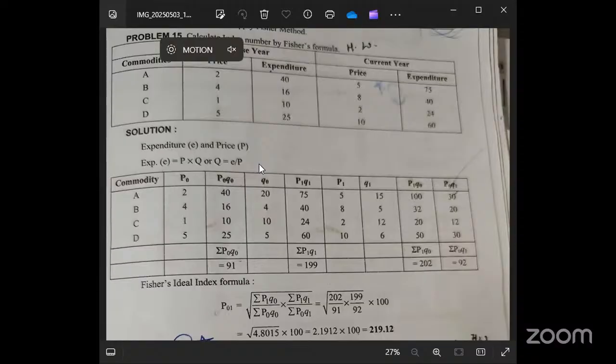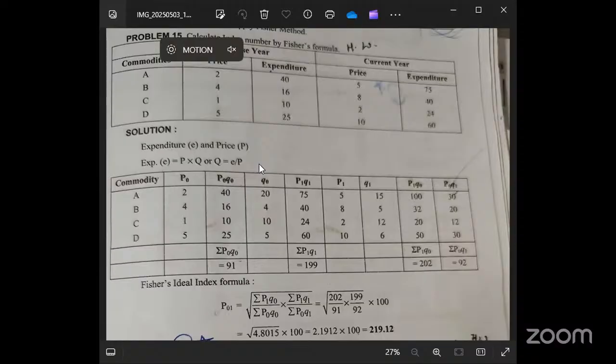Expenditure is denoted as E, so E equals P into Q, or Q equals E by P. So here nothing to change. If it is Q or it is E, we need to do the same procedure.